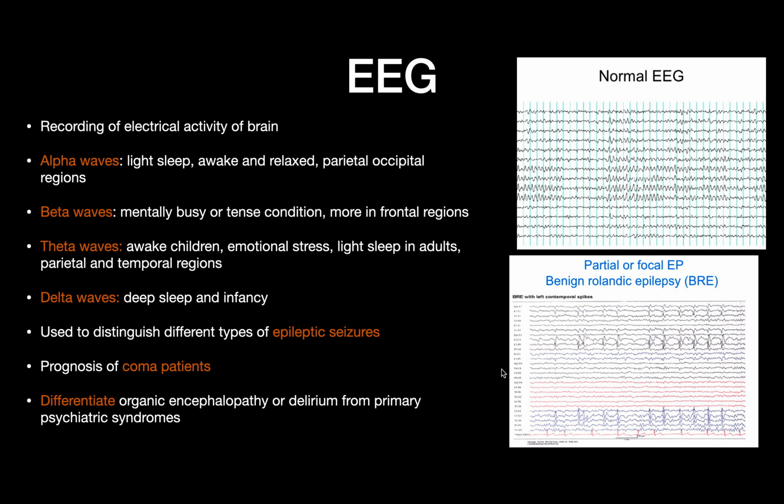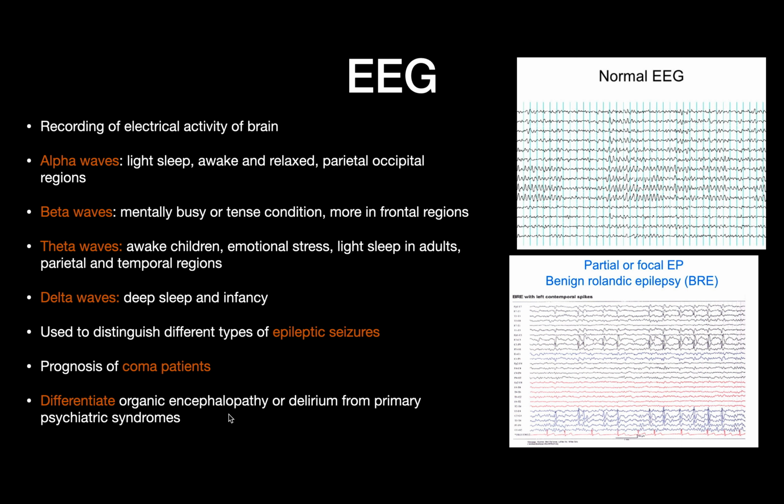We also use the EEG to differentiate the prognosis of coma patients. If somebody has beta waves or alpha waves, maybe they can come back out, but if there's no brain activity, it's a pretty bad sign. We also use the EEG to differentiate organic encephalopathy or delirium from primary psychiatric syndromes.